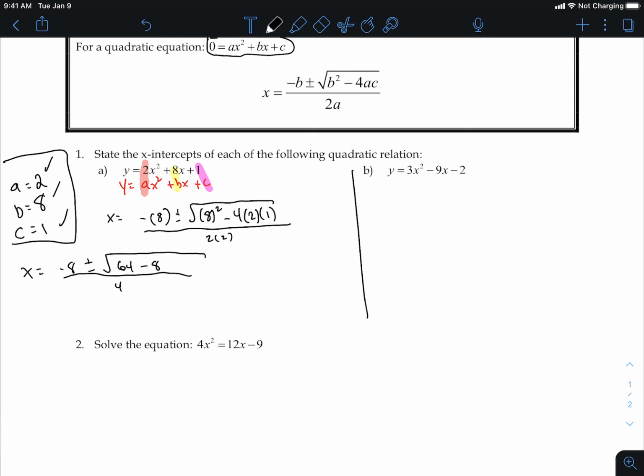Okay? Now, what a lot of people have confusion with is when I divide by 4, you have 2 pieces here. They are both divided by 4.